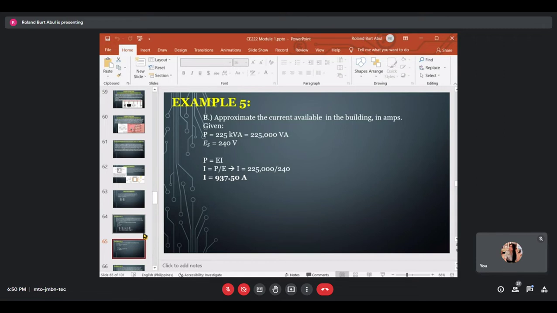So, karon guys, to the transformer, given na 7,200 volts ang imong primary voltage using the same transformer rating.